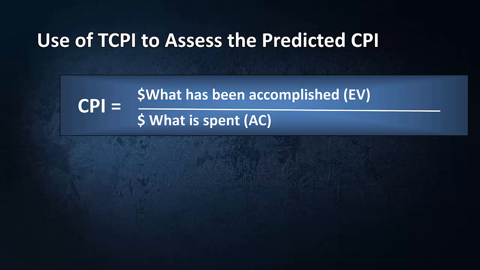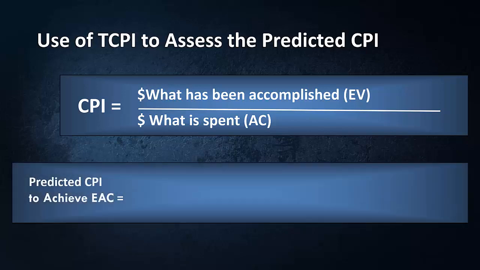Now, to come up with TCPI, as I said earlier, CPI looks at the past and TCPI looks at the remaining. It looks at the future. So to come up with the predicted CPI to achieve that target EAC, we need to look at the remaining work. So instead of what has been accomplished to date for CPI, what would be that for TCPI or predicted CPI?